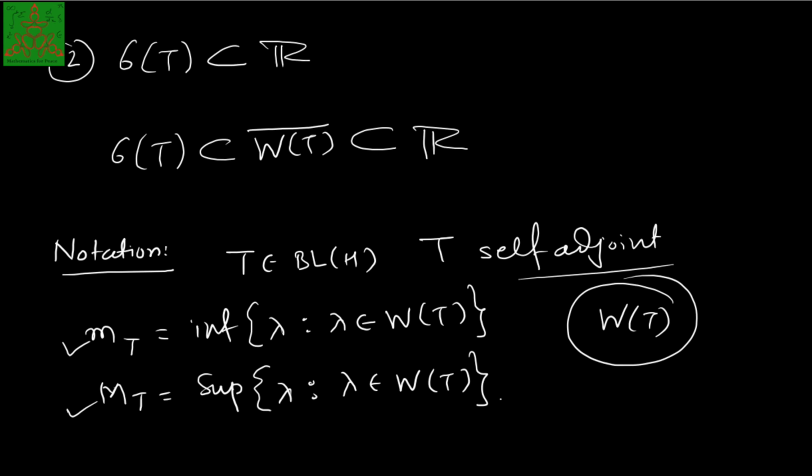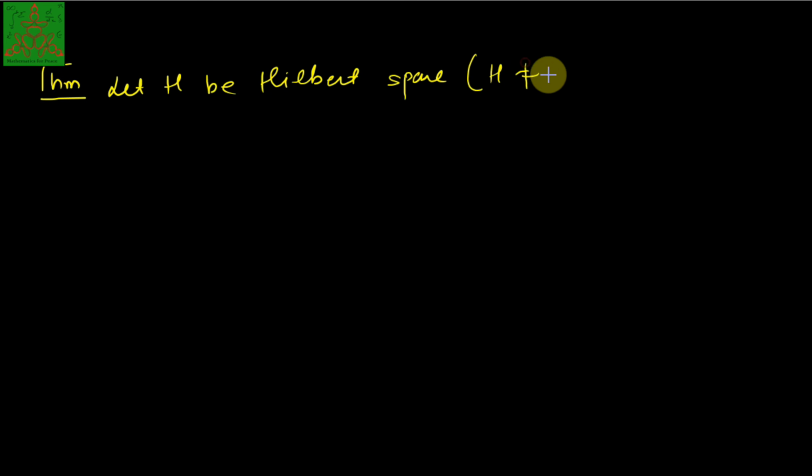Now let us have the first result here. Let H be a non-zero Hilbert space, and T belongs to BL(H), a self-adjoint operator.